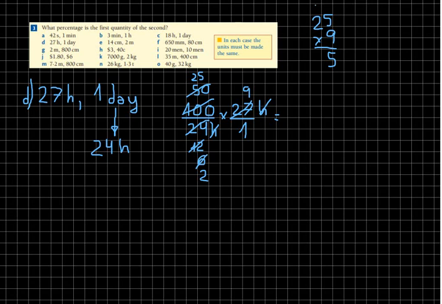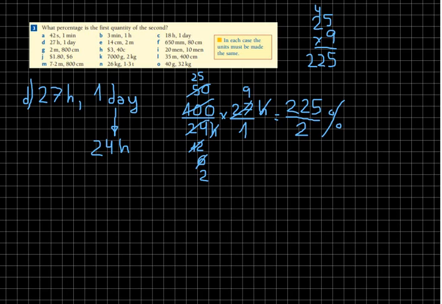Take 4. 9 times 2 is 18, and 4 is 22. 225. And 2 multiplied by 1, the two denominators, is going to be 2. 225 halves percent.